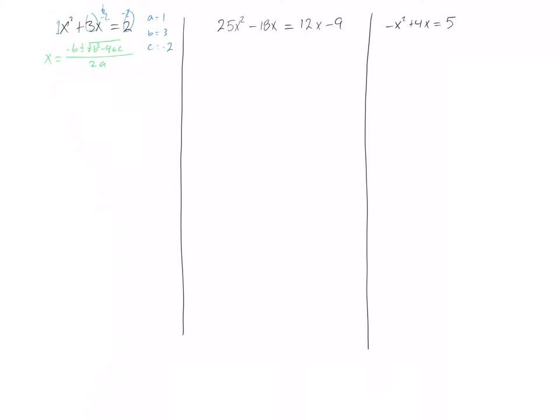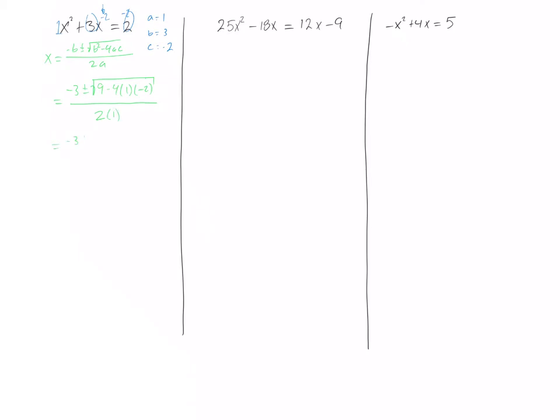So now let's plug all those numbers in. Negative b is going to give me negative 3 plus or minus the square root of b squared, which gives me 9, minus, I'm going to write this out, 4 times a, which is 1, times c, which is negative 2, all divided by 2 times a.